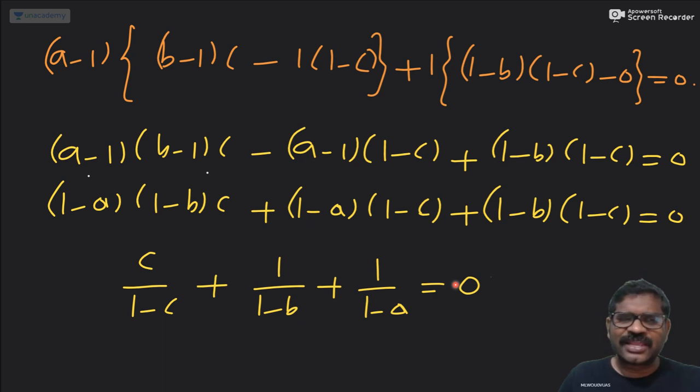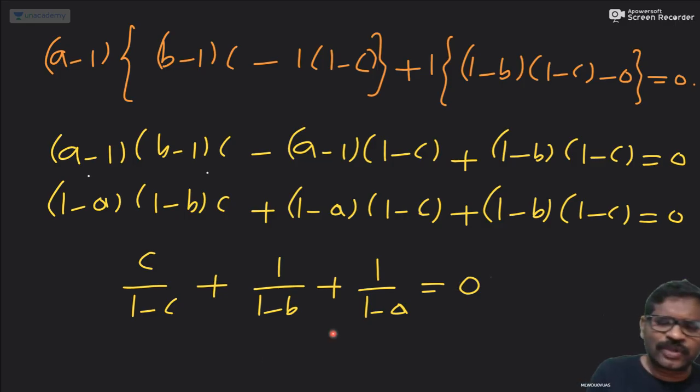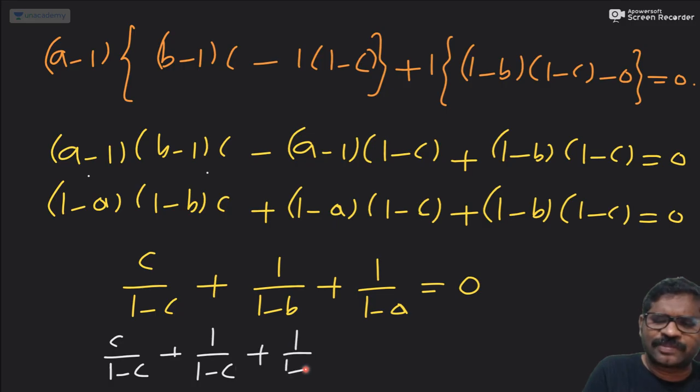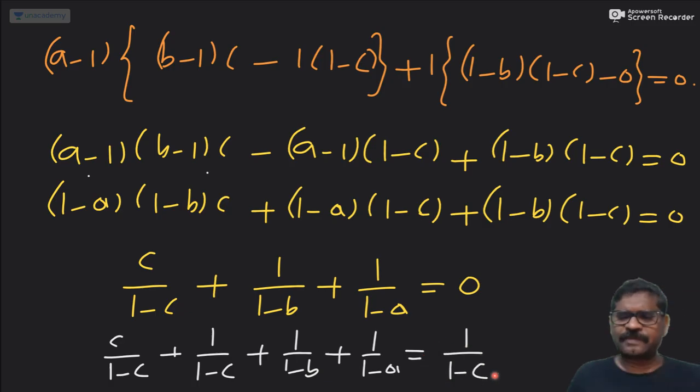That's why add 1 by 1 minus c on both sides. So c by 1 minus c plus 1 by 1 minus c plus 1 by 1 minus b plus 1 by 1 minus a equal to 1 by 1 minus c.